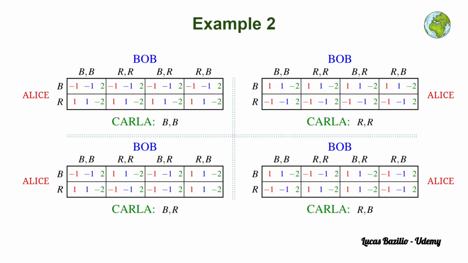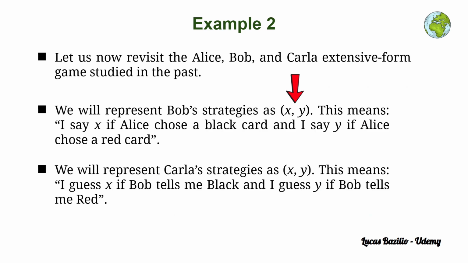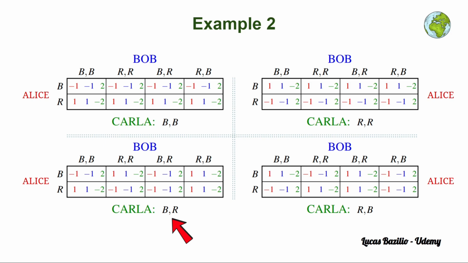Very well, let us now consider a strategy of Carla, for instance this strategy BR. So again we need to recall this notation of XY, and thus Carla's strategy BR means if Bob tells me black, I guess black, and if Bob tells me red, I guess red. So notice how in this strategy Carla plans to repeat what Bob says.